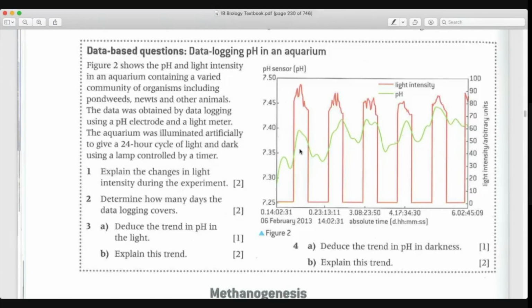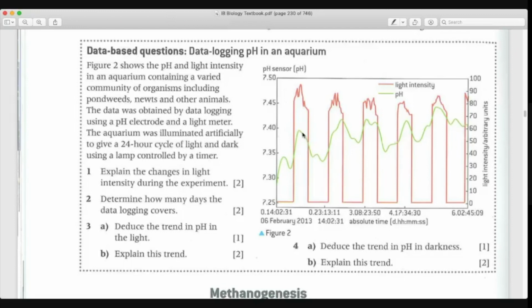So, Sahana, where do you see that happening in the graph? The water becoming more acidic after becoming basic? You see it happening here? Can you guys see my mouse on the screen, by the way? Yes, sir. Right. So is it here that you say the pH is falling? It's becoming more acidic. Would you agree with me on that?